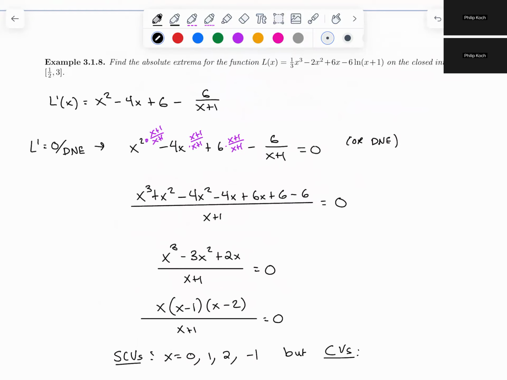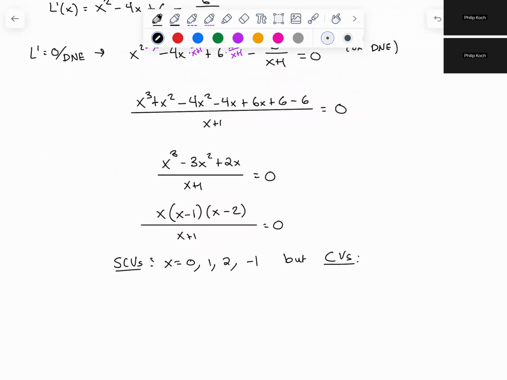So 0 is good, 1's also good, 2 is also good because natural log of 2 and 3 are well defined, but natural log of 0 doesn't exist. So our x equals 0, 1, and 2, not -1, because L of -1 does not exist. Any questions on that?